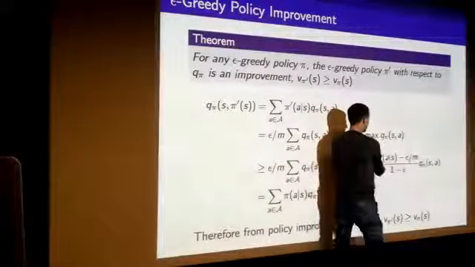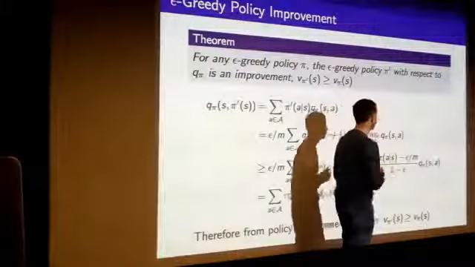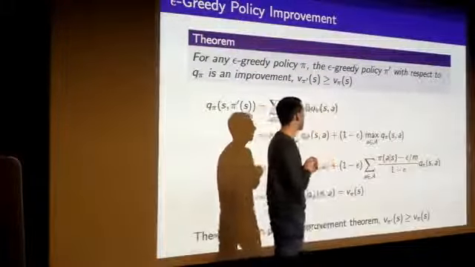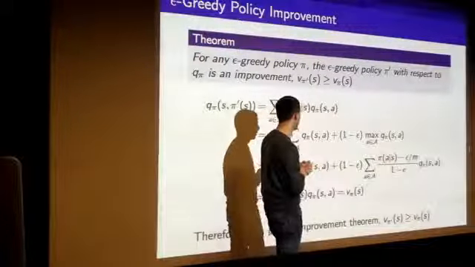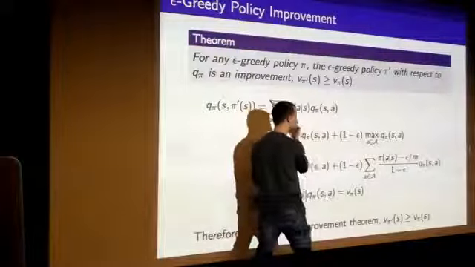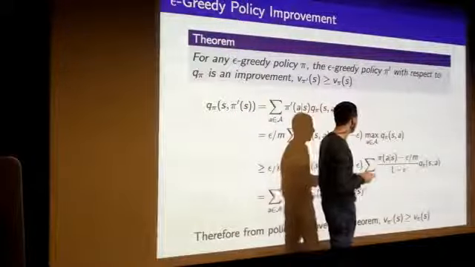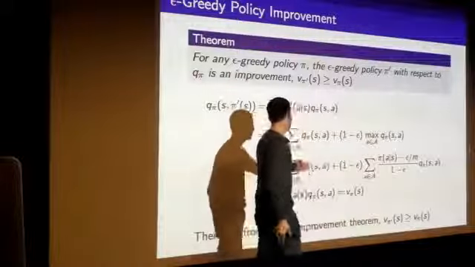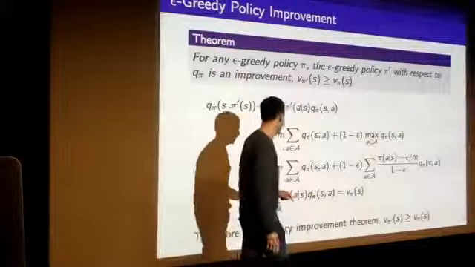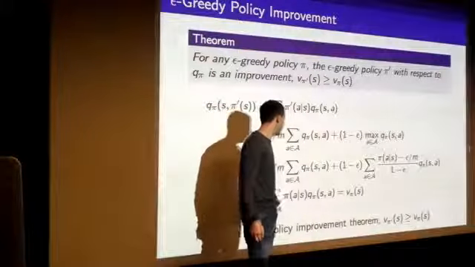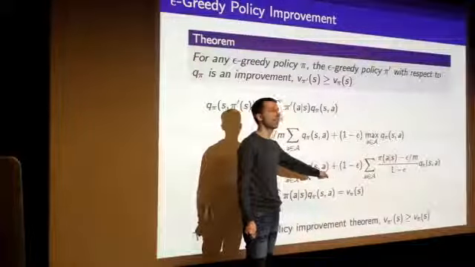So we're going to choose one particular weighting that sums to 1 here, and say that the max has to be better than that weighted sum of your Q values. Now you can just collect terms together, and we see that we've got 1 minus epsilon on 1 minus epsilon. So this term over here just cancels with this term over here, and you're just left with an expectation over your Q values, which is your original value function.